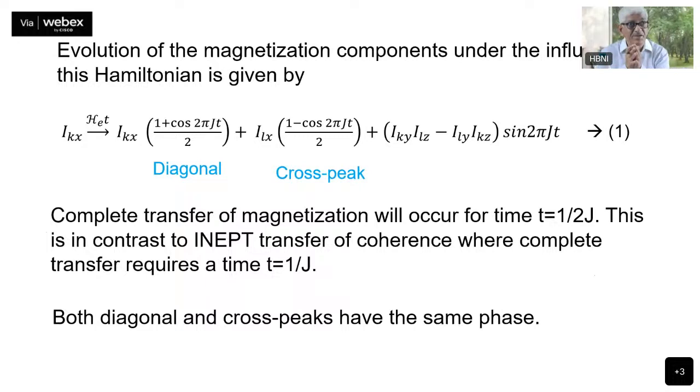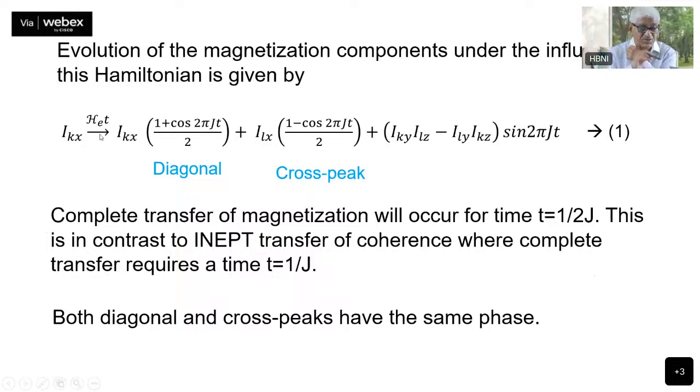But during the t1 evolution period, spin lock is not there. Therefore, individual spins K and L are still there. We can talk in terms of the evolution of the spins during the period t1. After that, you have to apply the strongly coupled Hamiltonian to consider what happens to the terms as they evolve. So this is the way it will come.